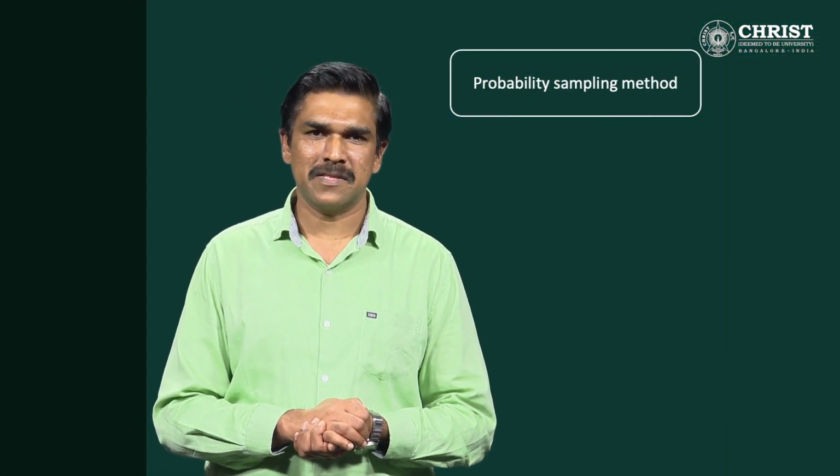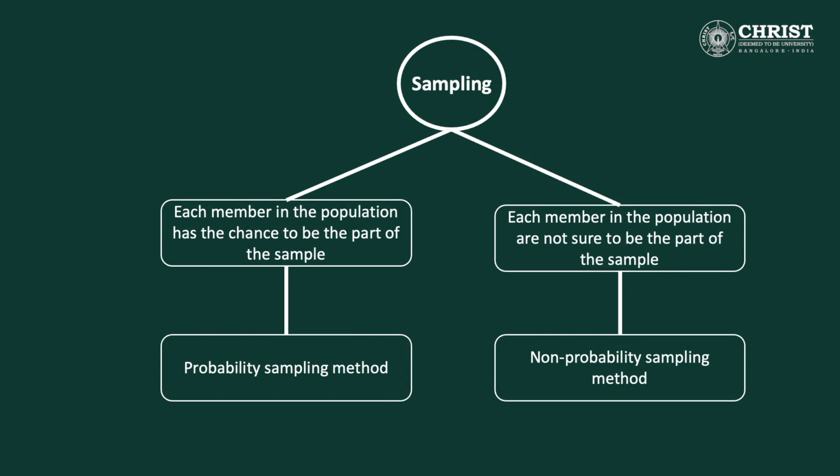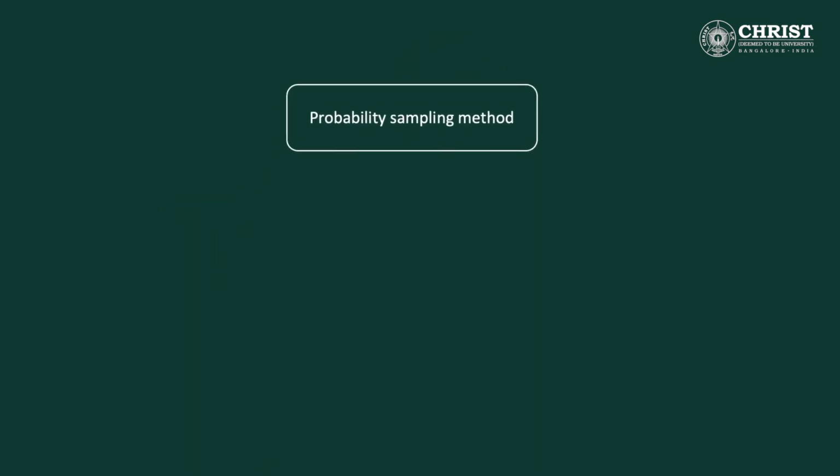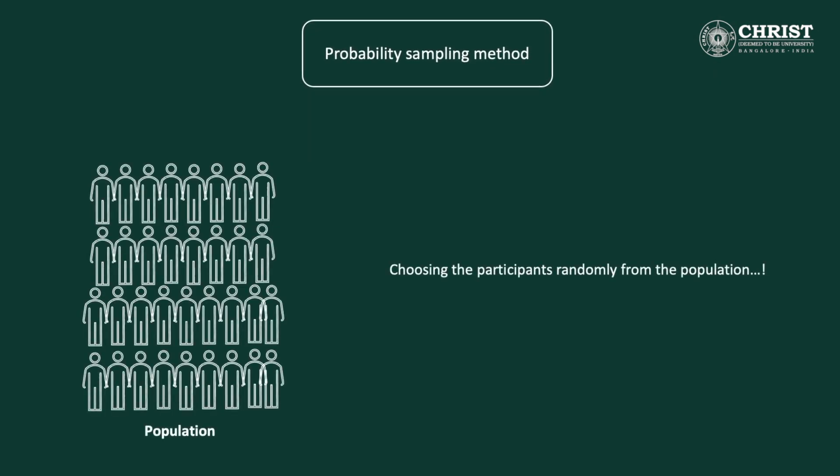If the sampling method does not guarantee the probability, then we call it a non-probability sampling method. In probability sampling, we choose the participants randomly from the population. Hence, this type of sampling method is also called random sampling method.